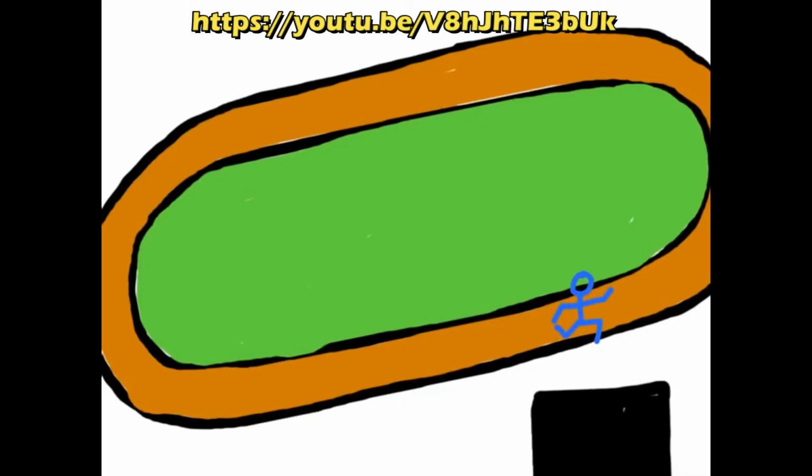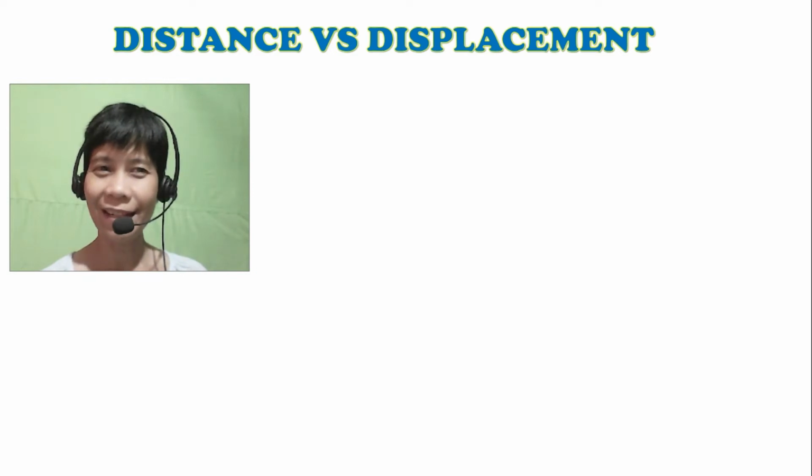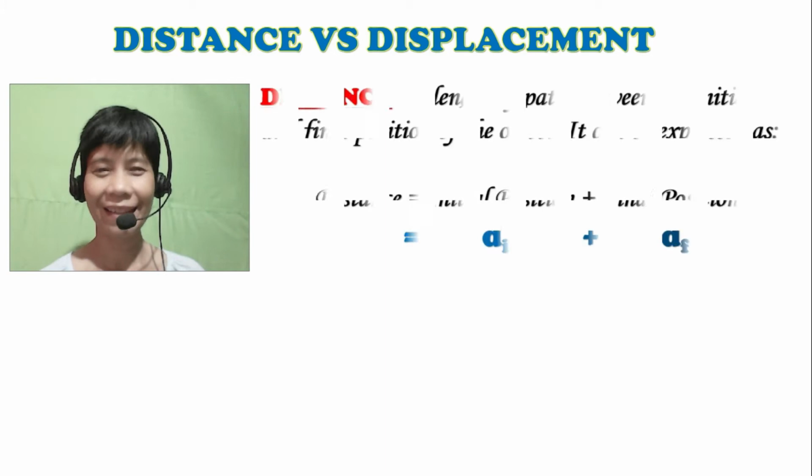It's almost like if you were running the race and all the fans just shut their eyes as soon as the gun went off and then opened them again when it was all over, and it looks like you're in the exact same location. Your displacement is 0.